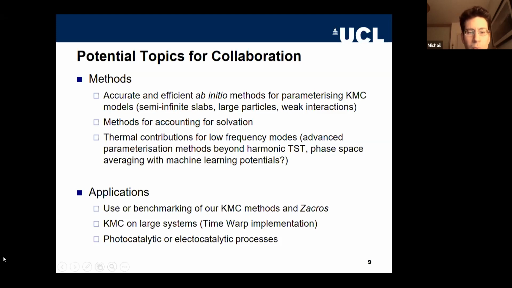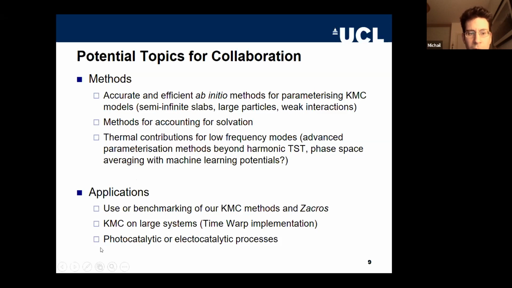We have now implemented the time warp algorithm in Zacros. As far as I know, it's the first time this has been implemented in a general purpose kinetic Monte Carlo software. So we're always looking into collaborating with researchers who might be interested in that.